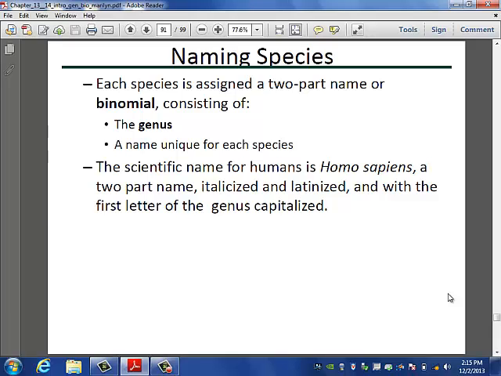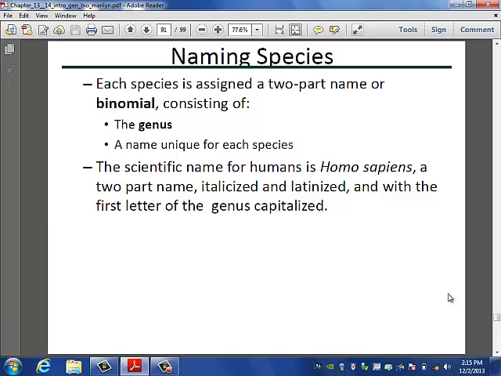Domain didn't even exist. That's new. We added that to the list. So domain, big, huge, broad. By the time we get down to genus and species, we have very similar characteristics.